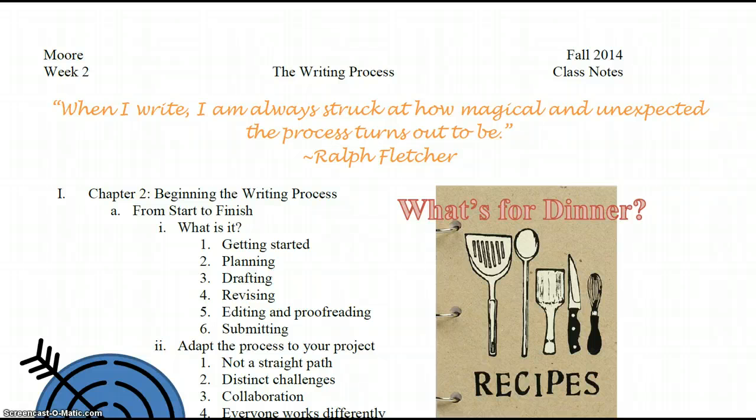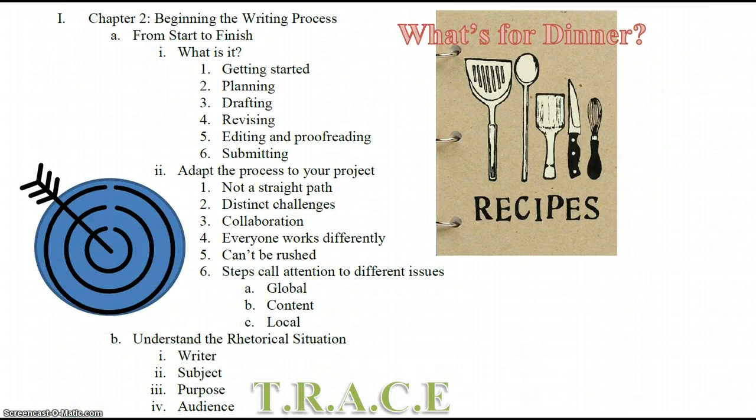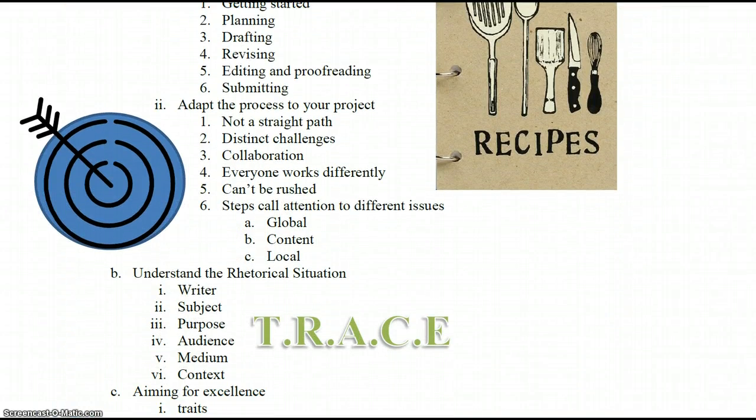So chapter 2, I wanted just to mention here at the bottom of my outline for chapter 2, we have some steps that call attention to different issues in writing. So we have, and I put a little target out here to kind of symbolize this, global issues, so those are the big issues.